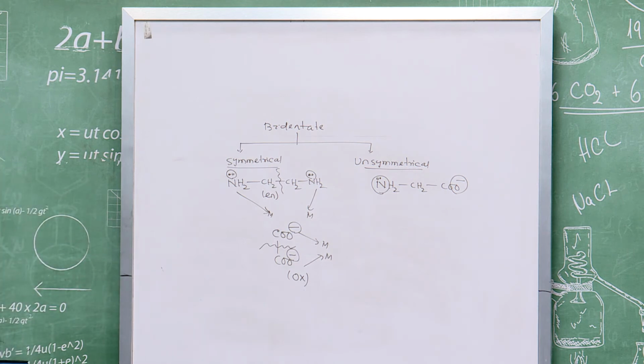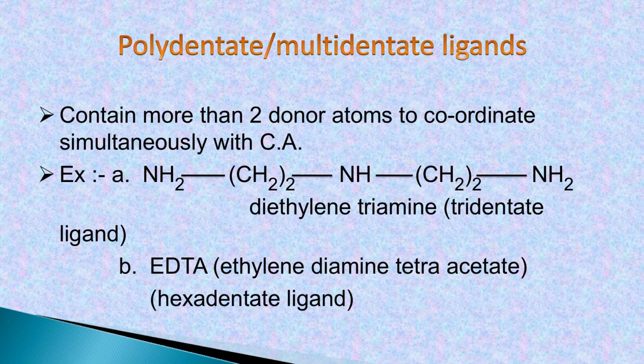Next is your polydentate ligands. Polydentate ligand means they contain more than two donor atoms, more than two: 3, 4, 5, 6.